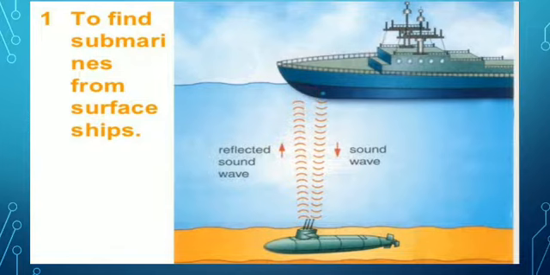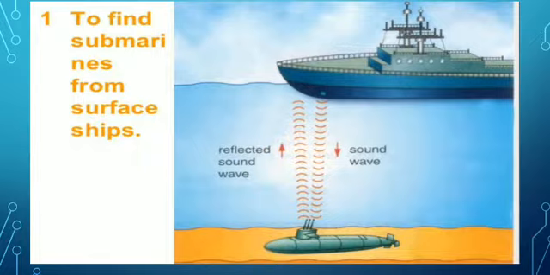So the distance between the submarine and the ship will be calculated based on the time taken by the sound to reach the object and return to the receiver. So with the help of the time, the distance of the submarine will be calculated. So echoes are used to find submarines from surface ships.